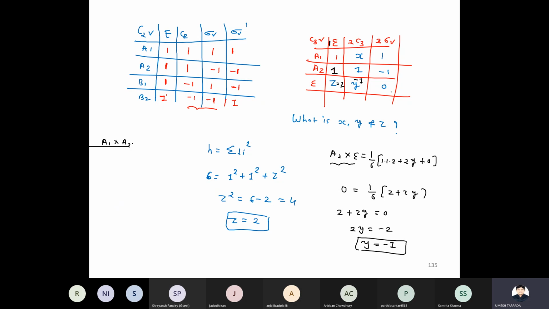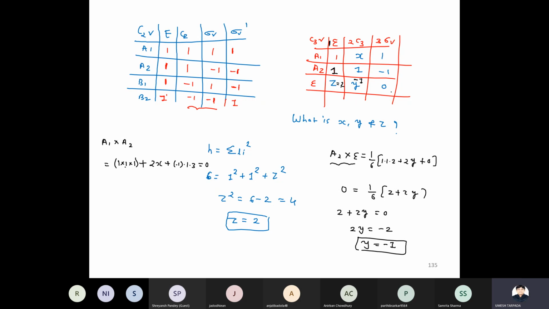A1 and A2 are orthogonal, so you can do the multiplication, that is 1 into 1 into 1 plus 1 into x into 2 that is 2x, minus 1 into 1 into 3 is equal to 0.